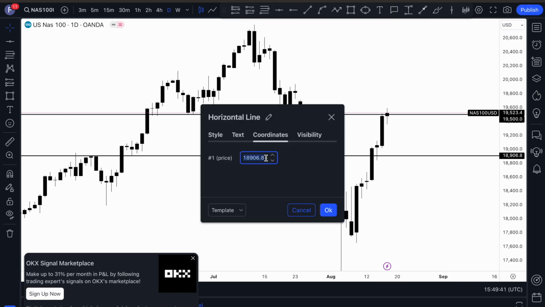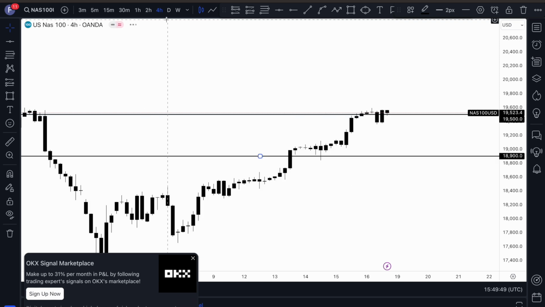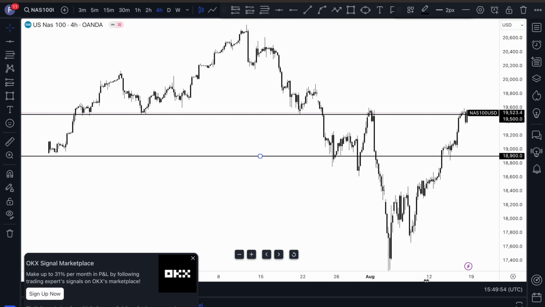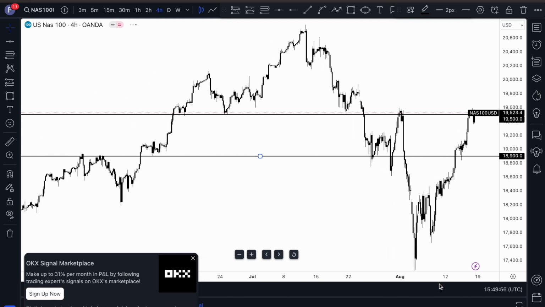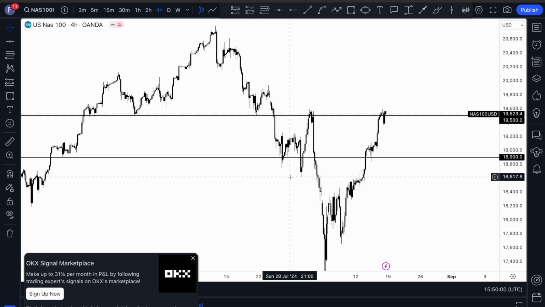So meaning now I'm rounding off all of my support and resistance. With this one, I'll just go to my 4 hours so that I can show you guys how I actually trade. So now, as you can see, I'm having a support and resistance over here.